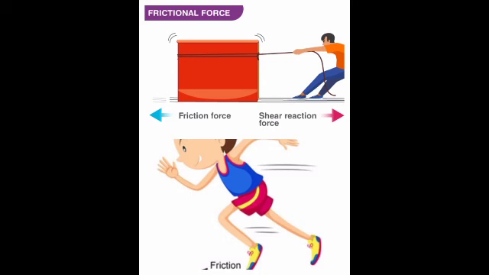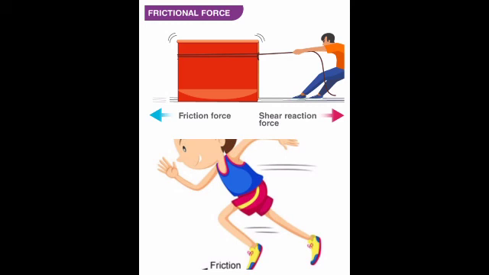Next is frictional force. When two surfaces are rubbed against each other, the force of friction is created. This force always acts against the direction of motion. We use the force of friction in our daily life. For example, the brakes applied for stopping a vehicle help to create frictional force.